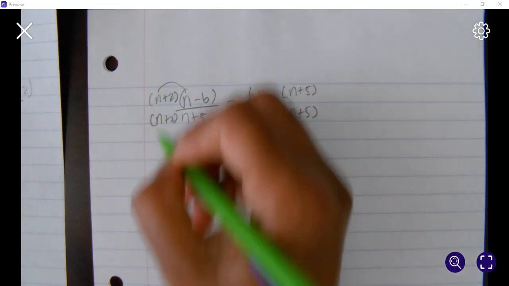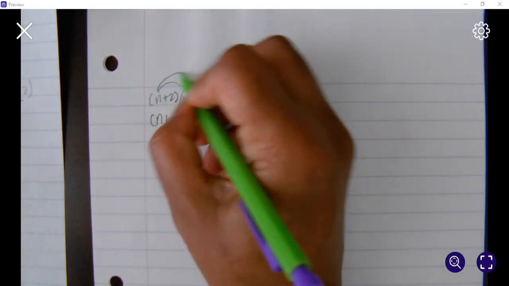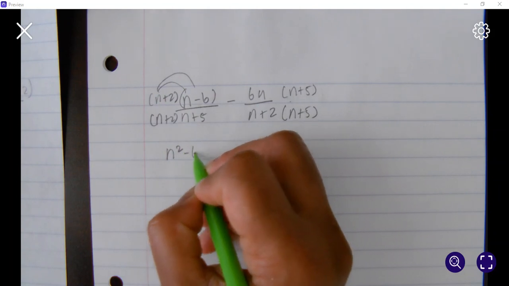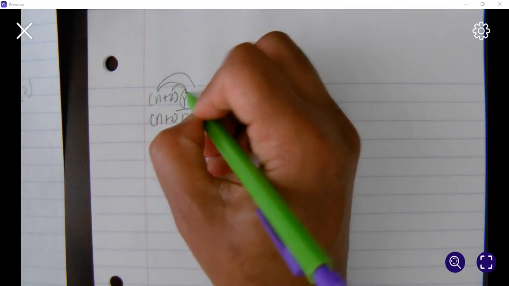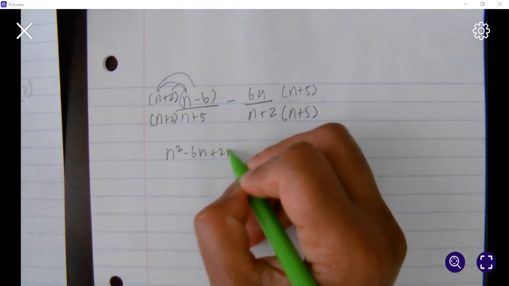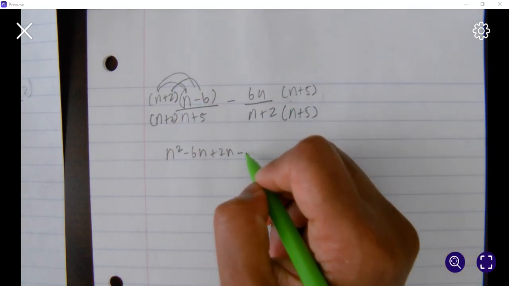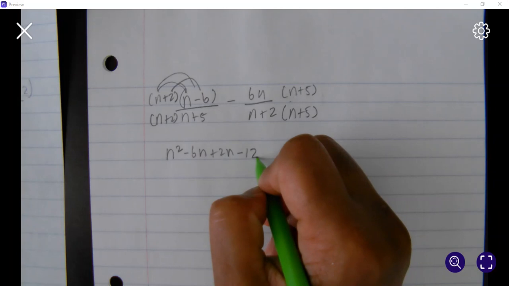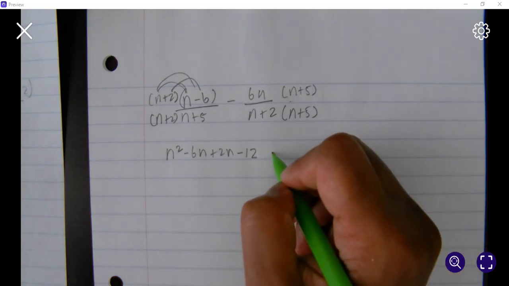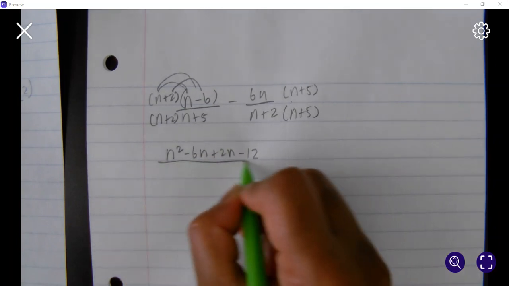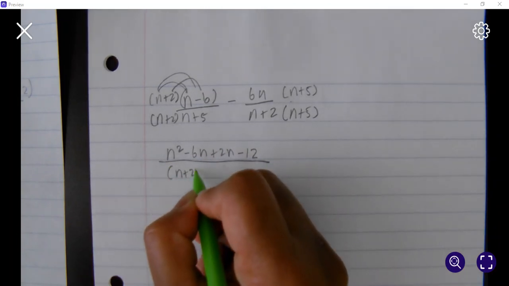So you have n times n, which is n squared. n times negative 6 is negative 6n. And then 2 times n is 2n. And then 2 times negative 6 is negative 12. Then I'm just going to bring this down.